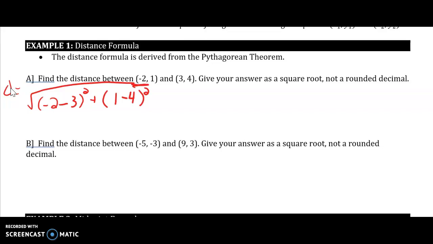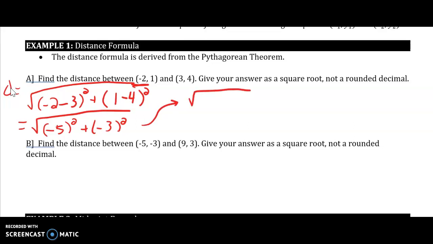Okay, so let's simplify. It's -5, and then we're going to square it. It's going to be -3 squared. We've got our square root, so that's going to be 25. Square a negative makes a positive.